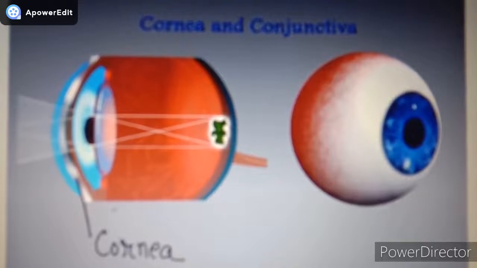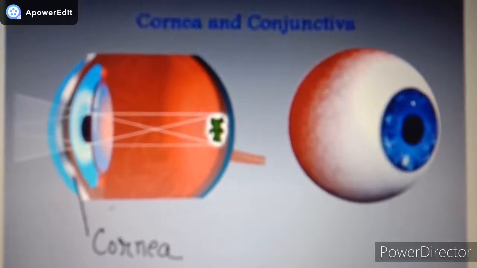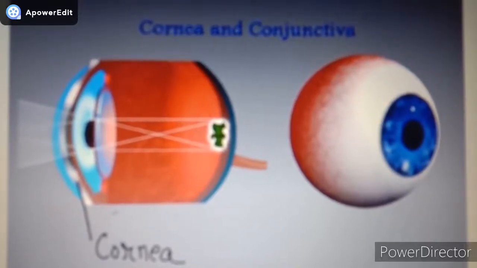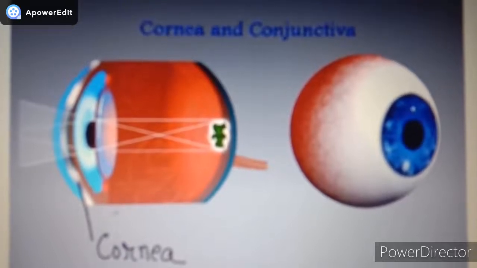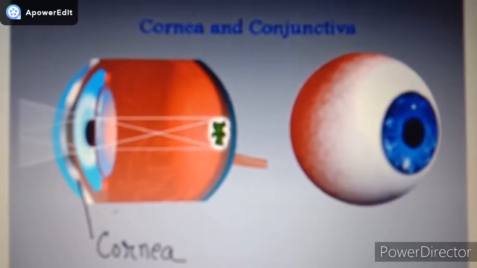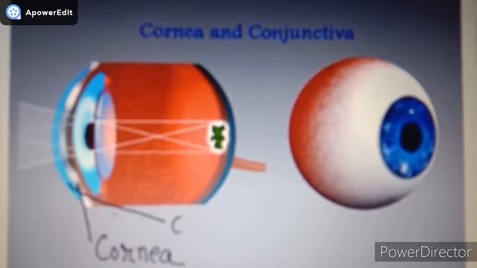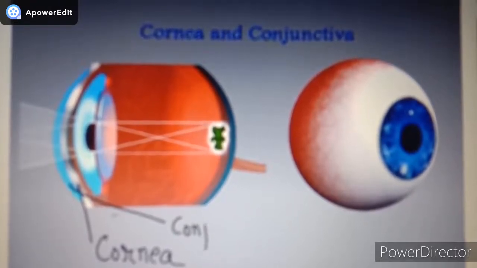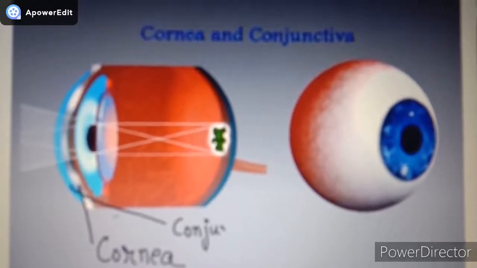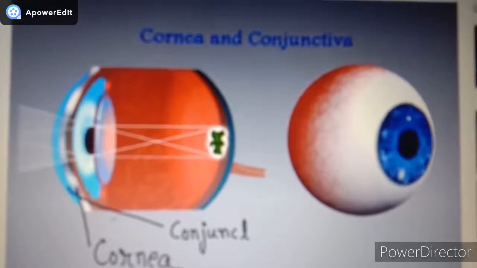Now there is another protective layer in front of the cornea, and this protective layer is known as the conjunctiva. You can see in the diagram this protective layer called the conjunctiva.